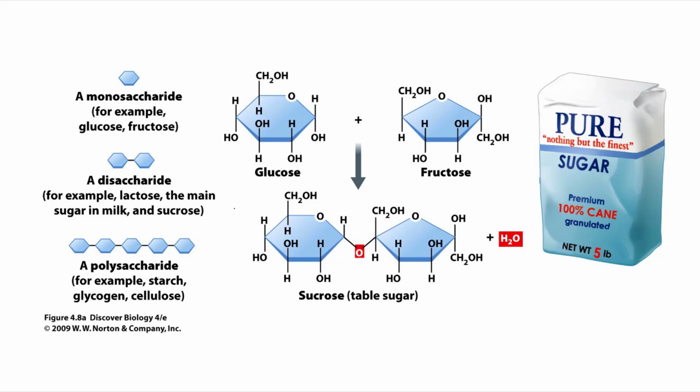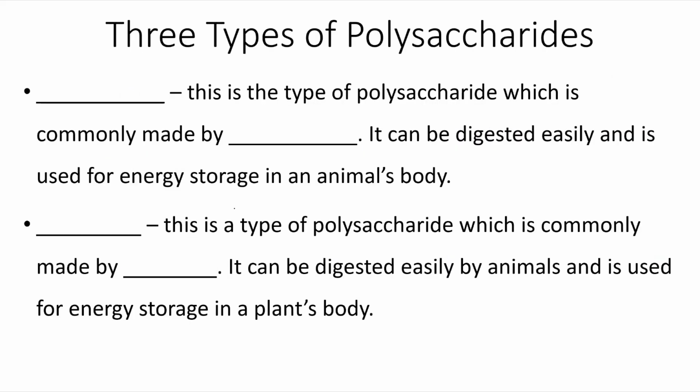We have disaccharides, which are two sugars linked together. Examples of these are going to be lactose in milk, or also sucrose, the main type of sugar you put in your coffee or you use in baking. Table sugar is a disaccharide as well. And then polysaccharides. It turns out that there are three different categories of polysaccharides.